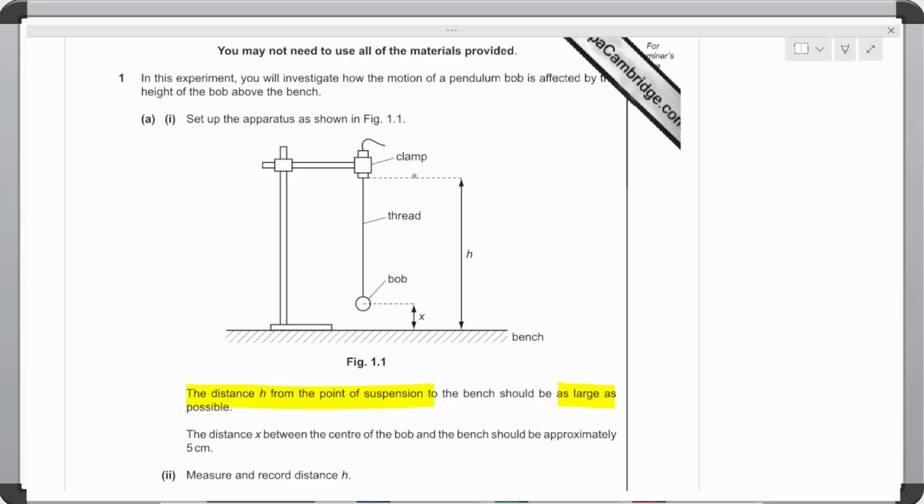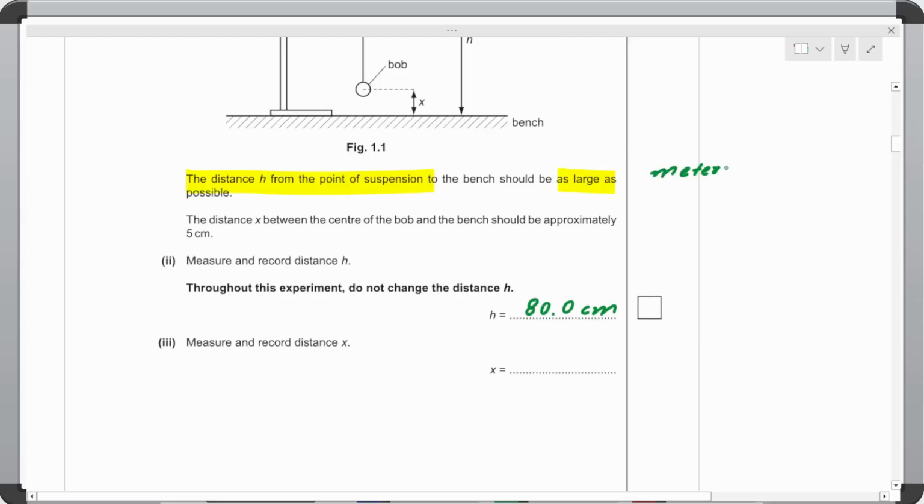So keep it in your mind, whenever you're noting down the distance, whenever you're measuring the distance through the meter rule, then you have to consider the least count of the meter rule. So in centimeters, let me start off with the smallest one. In millimeters, there is going to be no decimal place.